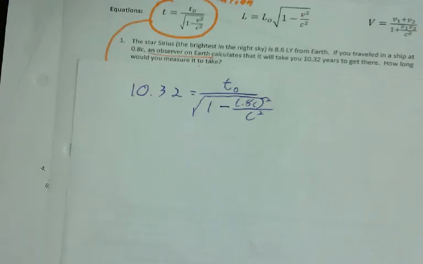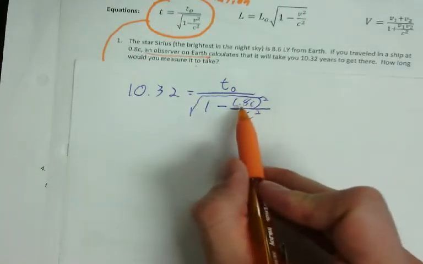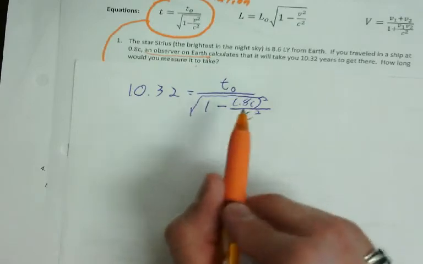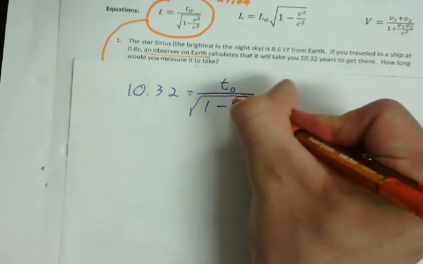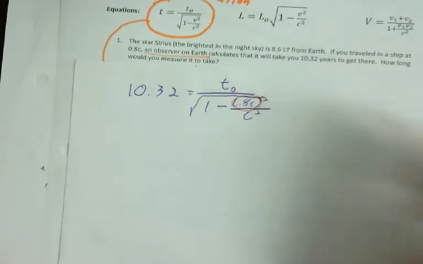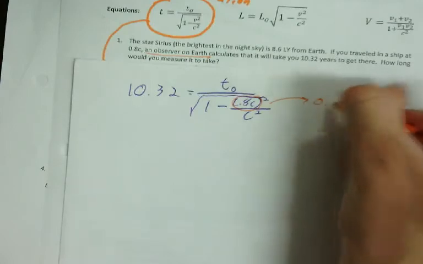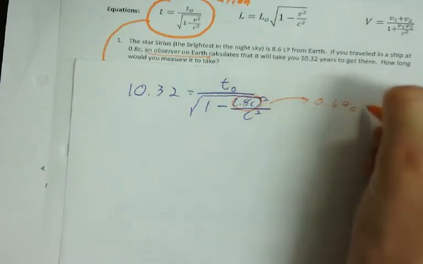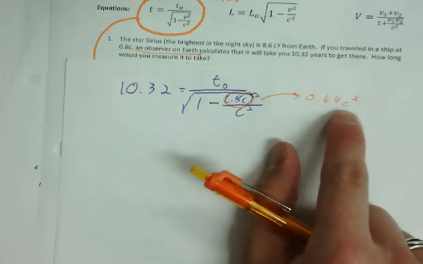Okay, let's do some math. The first thing I have to do is square V. Now, V is 0.8c, which means I need to square 0.8 and I need to square c. So when I square 0.8c, I get 0.64 c squared. You have to square the number and you have to square the c.